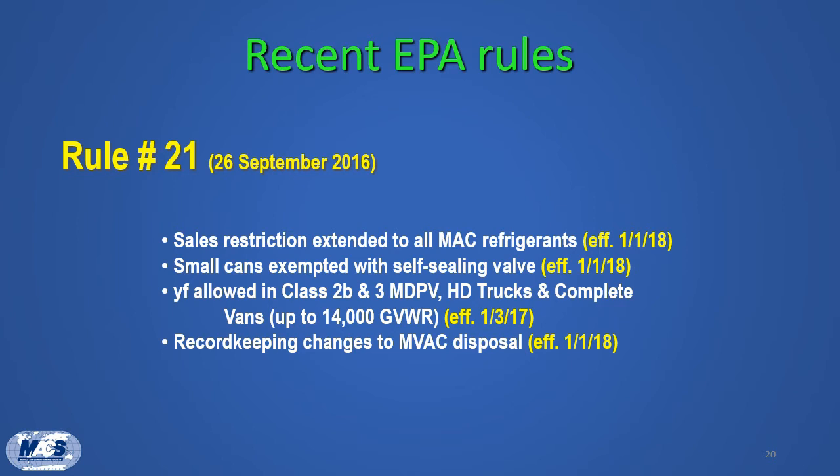There's also another rule that allows R1234YF to be used in certain Class 2B and 3 medium-duty passenger vehicles, heavy-duty trucks, and some complete vans. And also, if any of you work in salvage yards, there's some record-keeping changes that are made for disposing of mobile air conditioning systems at the end of the vehicle's life.